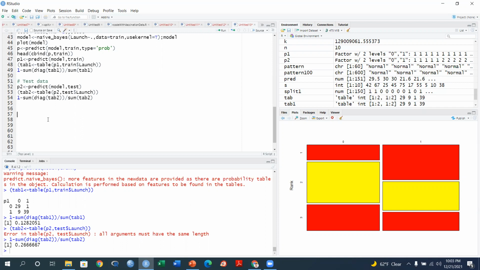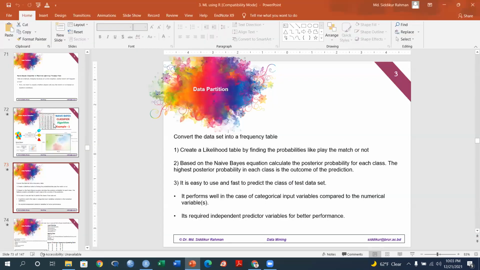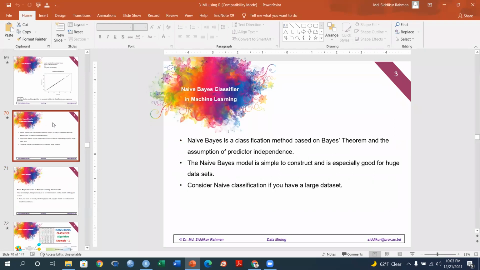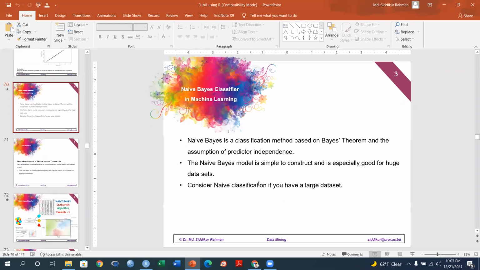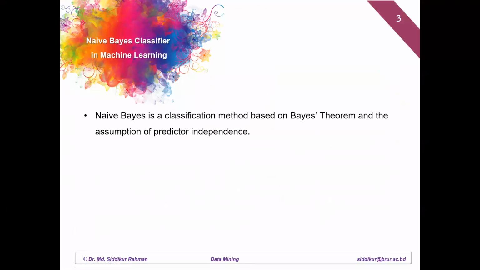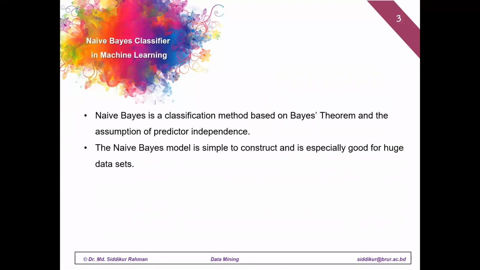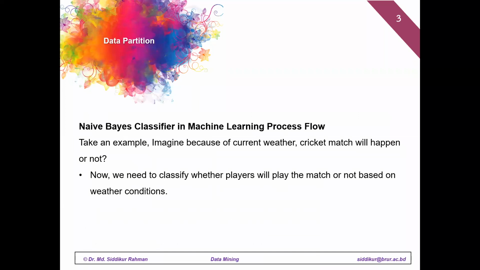Okay, anyway, so this is today's class. In fact, we discussed the naive Bayes classification problem. So what is the idea behind naive Bayes? Mainly we classify. This is a classification method based on Bayes theorem. Bayes theorem is based on prior probability and posterior probability, right? And there are some rules we already discussed.